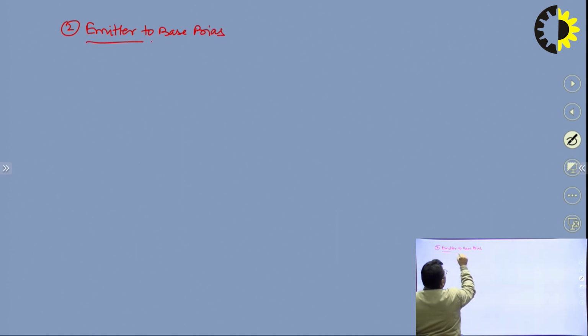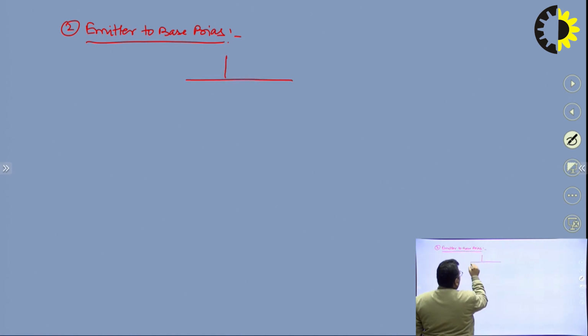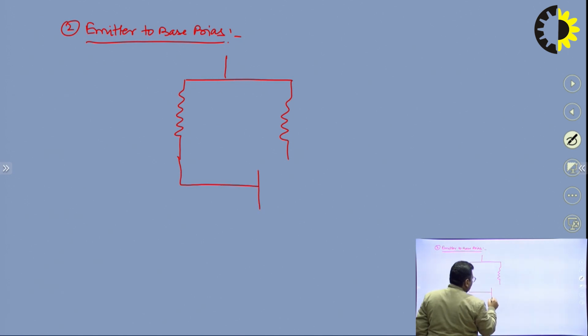Then we will move to the next biasing method, that is emitter to base bias, or simply emitter bias. So in this, if we draw the circuit, there will be only one change: we will apply a resistance at the emitter.